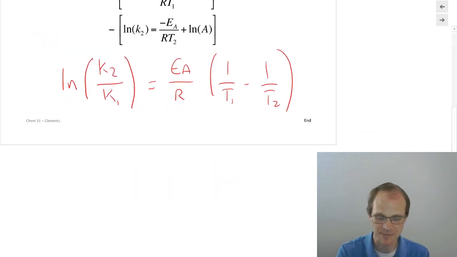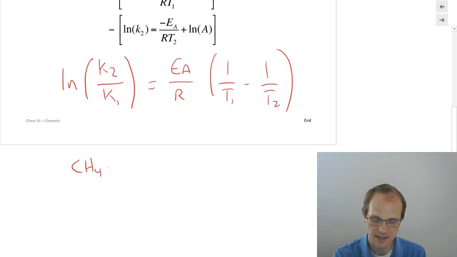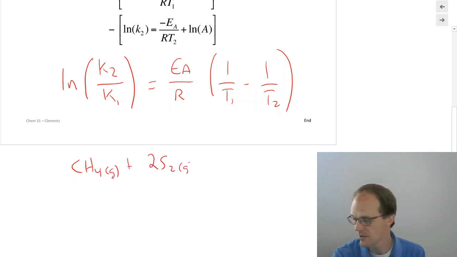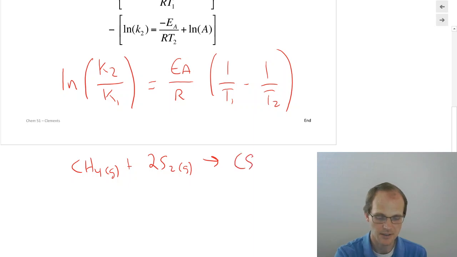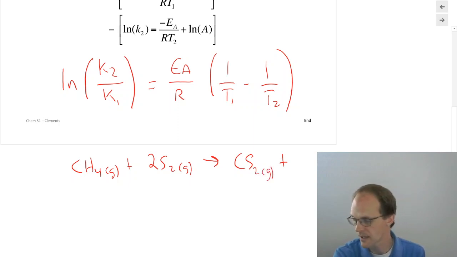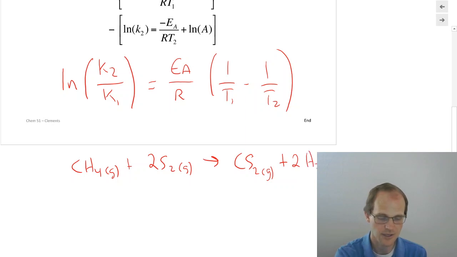Let's go ahead and do an example of that one. We're going to take methane plus sulfur and make carbon disulfide, CS2, and we're going to make some hydrogen sulfide.